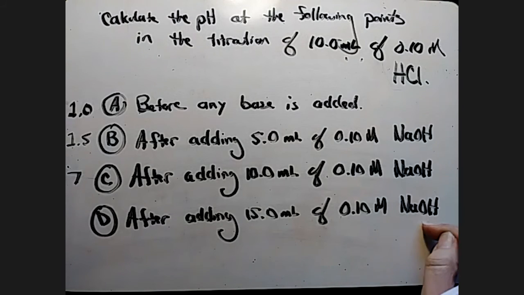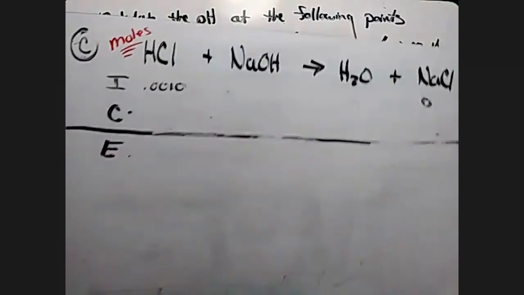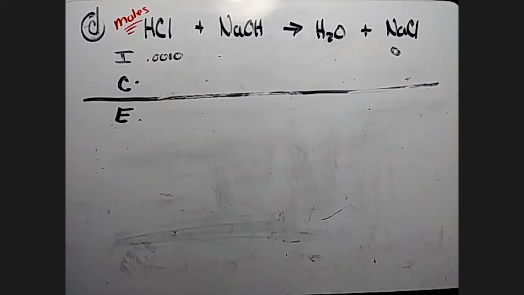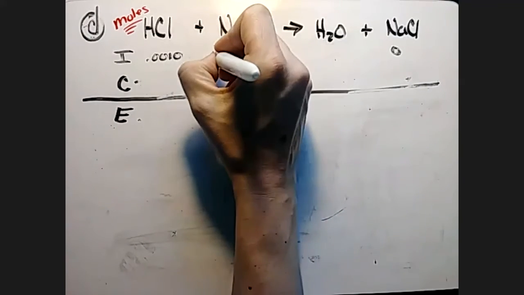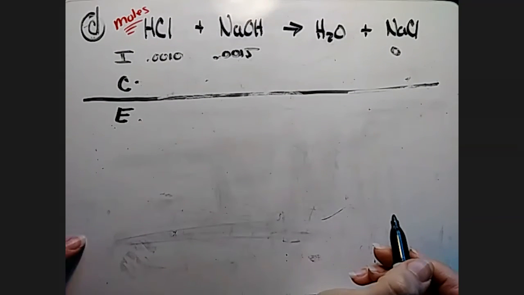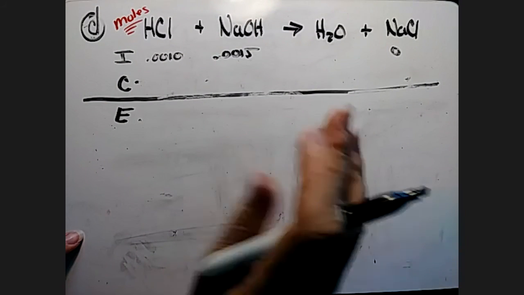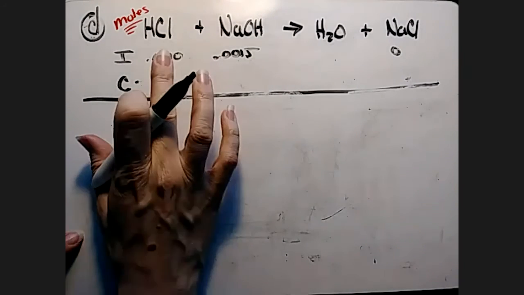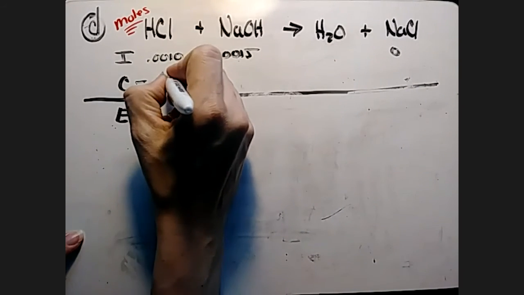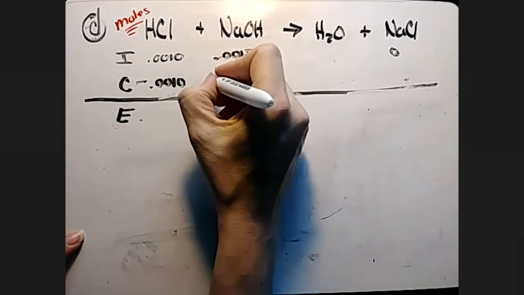Again, the HCl and the sodium hydroxide, they are going to react. We'll need to put that into a chemical equation. This time, I'm adding in 0.0015 moles of my sodium hydroxide. My limiting reactant flips. It now becomes my HCl. I'm going to lose all of it. That sets my change.